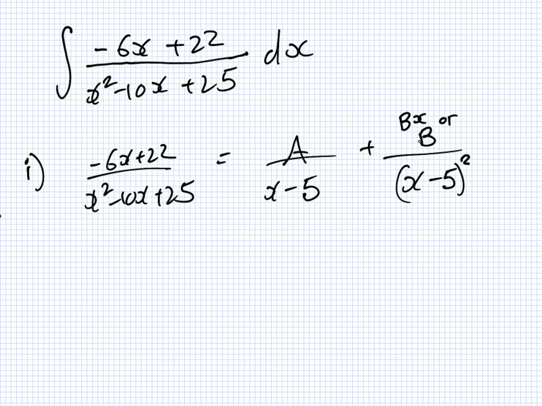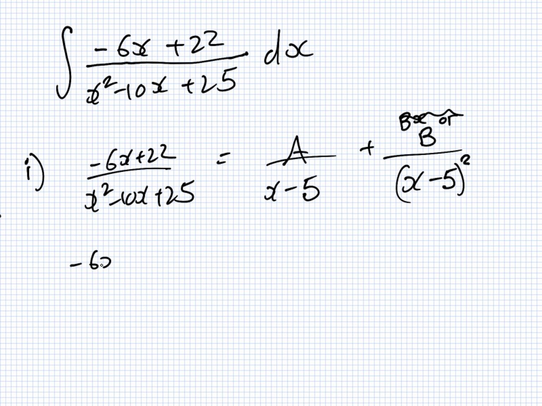Yeah. In fact, we should think very carefully about which one we want to use, because remember, in a moment we'll have to integrate. So actually we want to think very carefully which one to use. Which one should we use? B. Yeah, the B will make it a little bit easier.